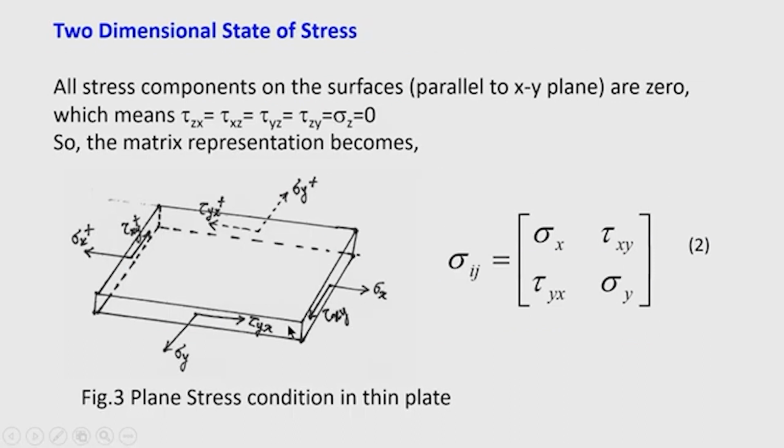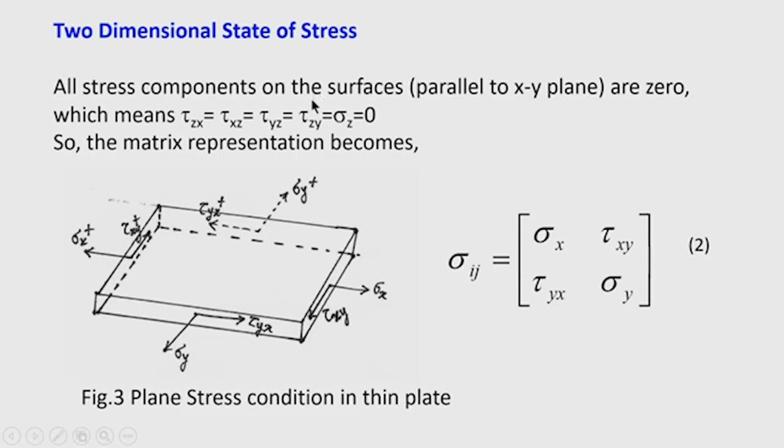Now, the three dimensional stresses are simplified in case of plates. So, the plate is actually a two dimensional case, and we need to ignore some stresses, because here the thickness is small compared to other dimensions.